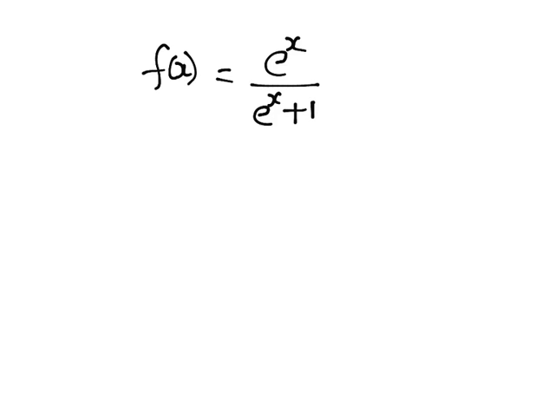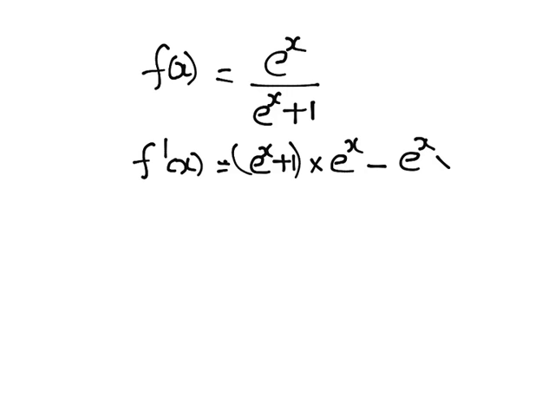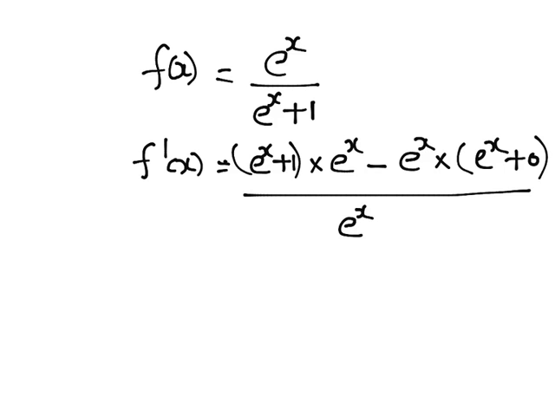So f dash of x equals the denominator, which is e power x plus 1, multiplied with the derivative of the numerator, which is e power x, minus the numerator, which is e power x, multiplied with the derivative of the denominator, which is e power x plus 0, divided by e power x plus 1, the whole square.